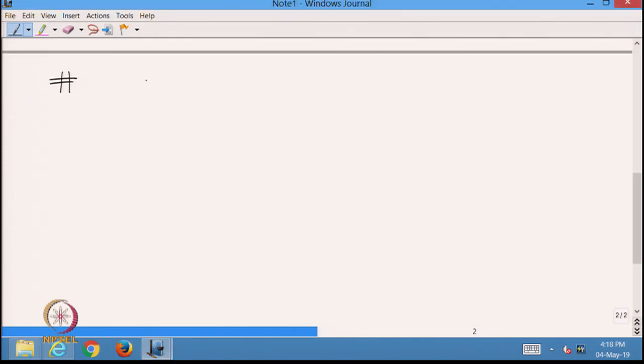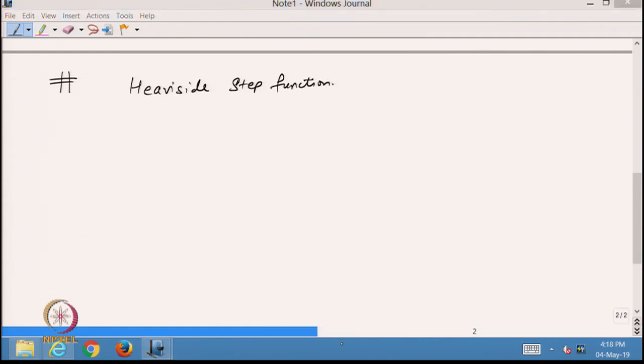the step function, or this is also called the Heaviside step function. So, what is that? We define a function, we call it h(x minus a), where x is my variable and a is some fixed value.